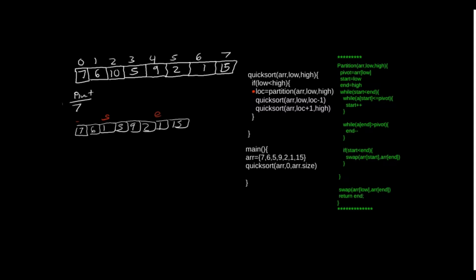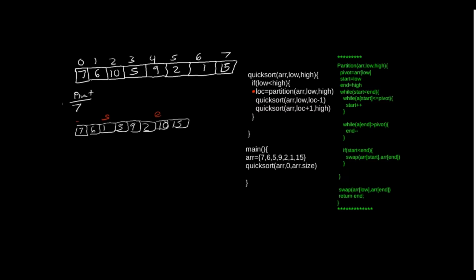And then we do a swap. Swap 1 with 10. That should be white. 1 is all right.